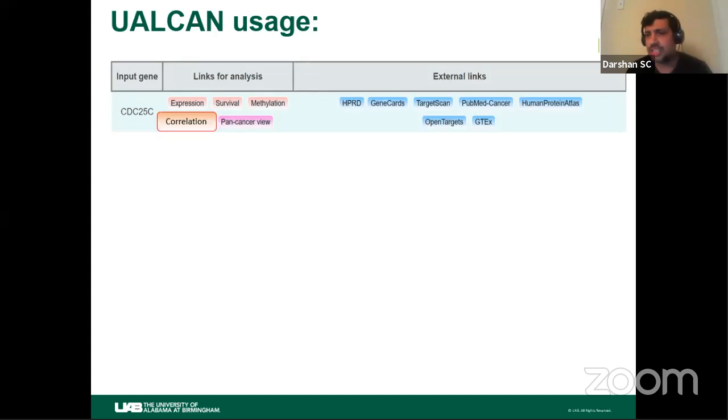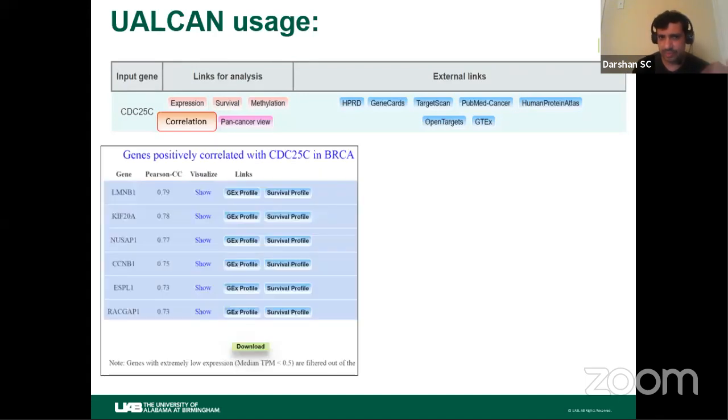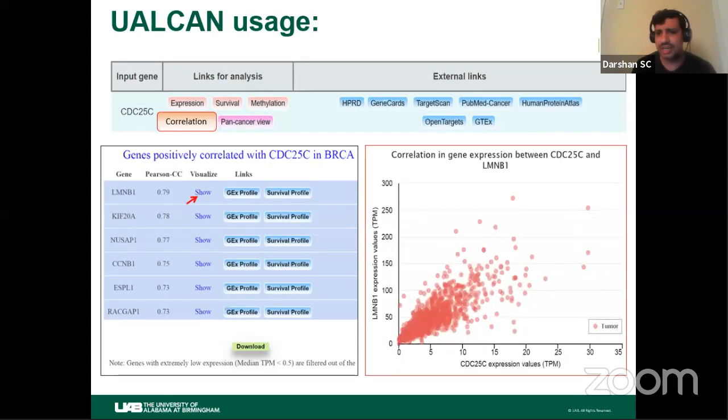The correlation analysis allows you to do that. We do the Pearson correlation analysis to list all the genes that are positively or negatively correlated with the gene of interest. This information can be visualized as a scatter plot for any gene, and this can be exported and used in a publication.